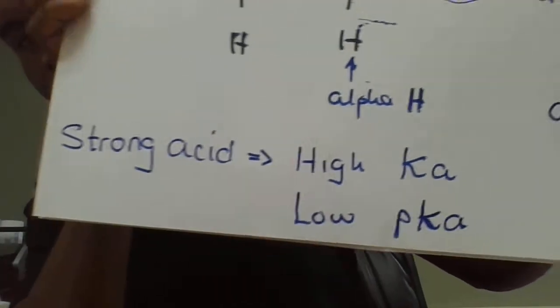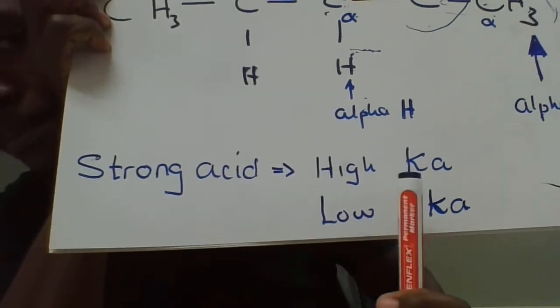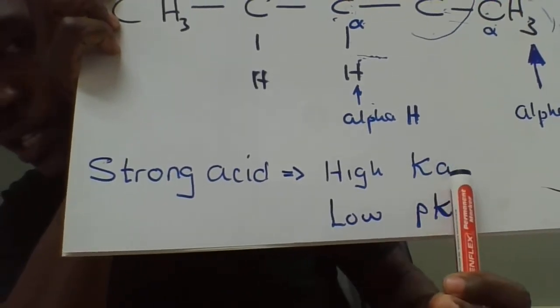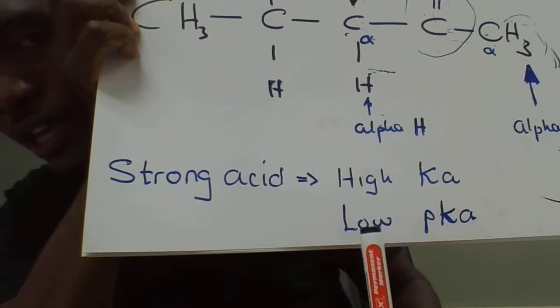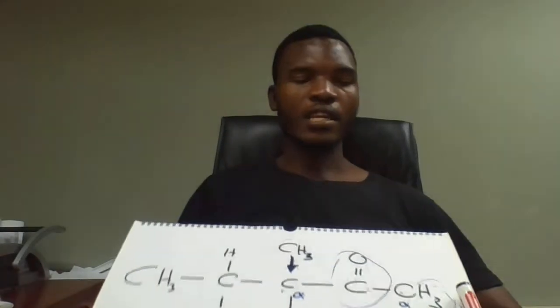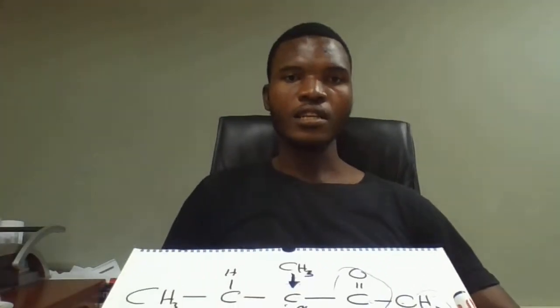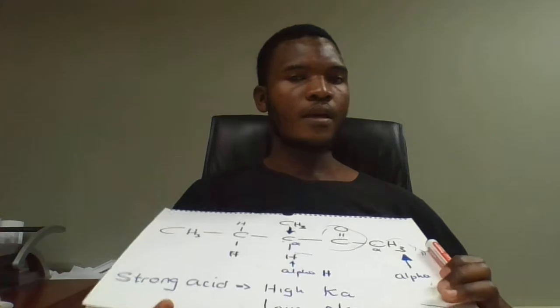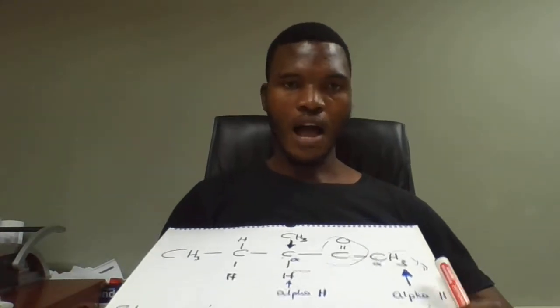Normally, strong acids have a high Ka value and at the same time a low pKa value. This is what you have to bear in mind in order to understand which alpha hydrogen is regarded as the strong acid.